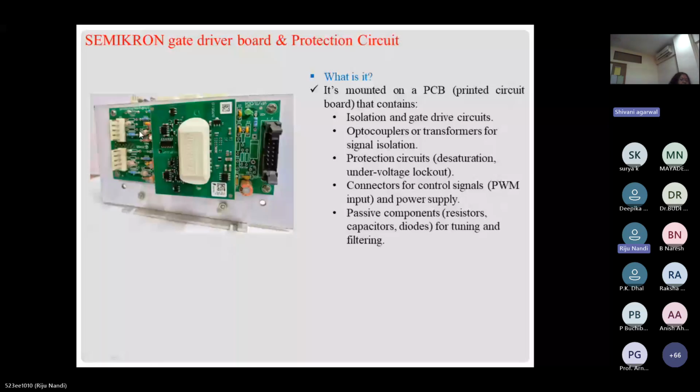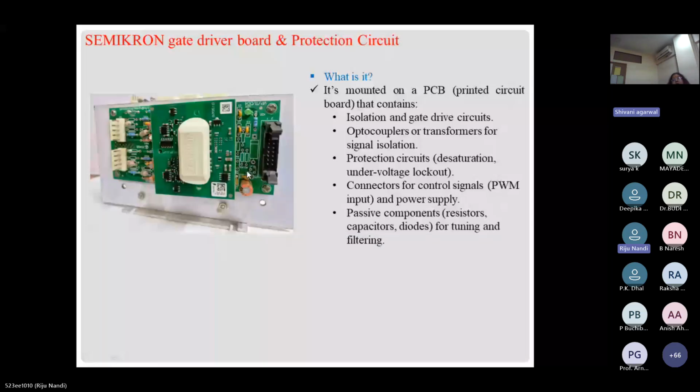You can see it is mounted on a PCB, a printed circuit board, that contains isolation and the gate driver circuit. There is an optocoupler or transformer for signal isolation. There is a protection circuit with desaturation and undervoltage lockout.